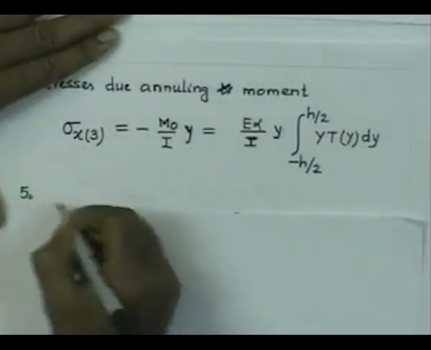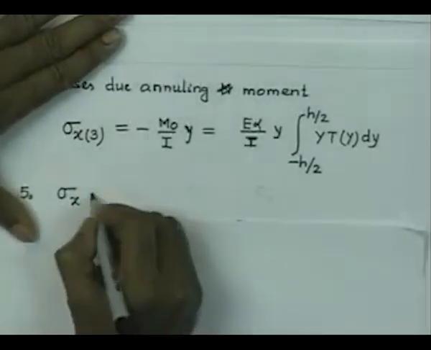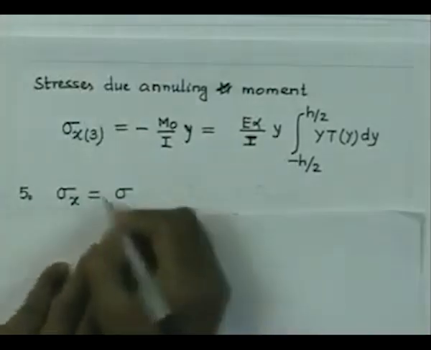finally the total stress sigma x is the sum of all the three contributions.